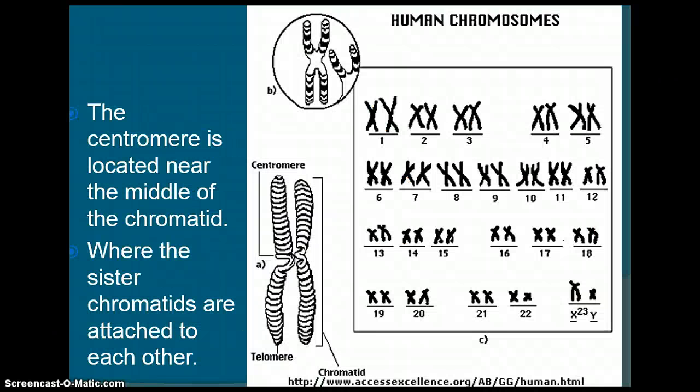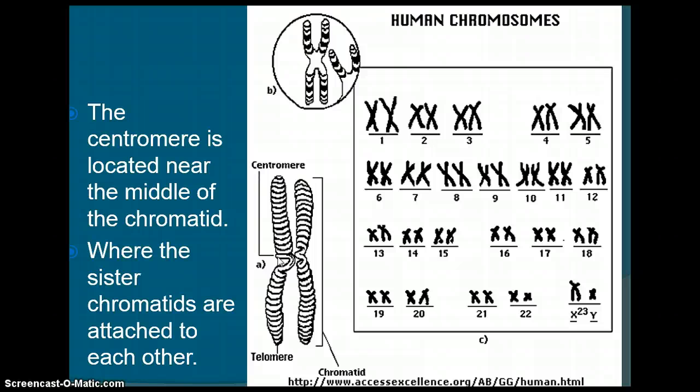This gives you a little idea of what this actually looks like. On this diagram, we have our chromatid. Within the chromatid, we have something called the centromere, which is located near the middle of the chromatid, right in here, and is where the sister chromatids are attached to each other.